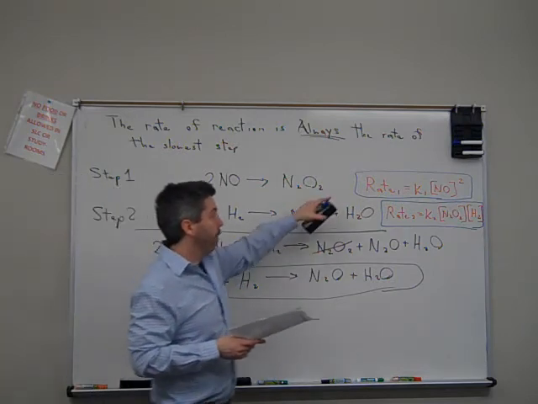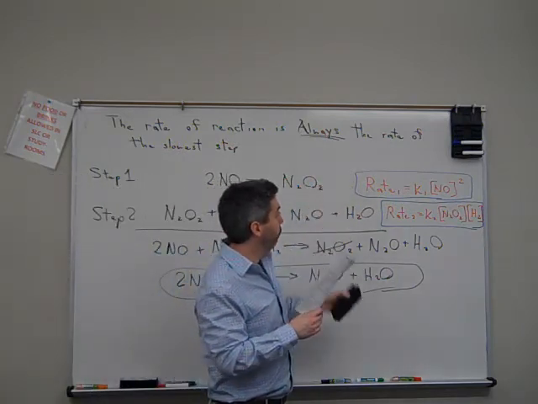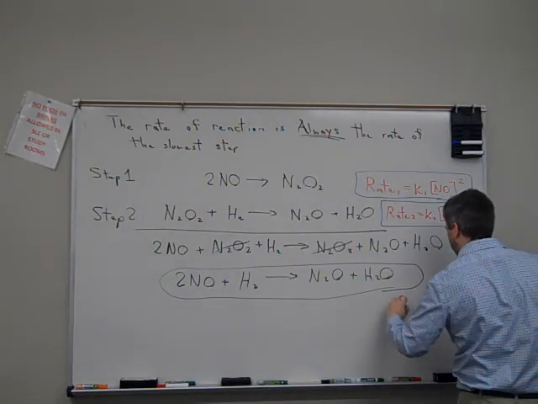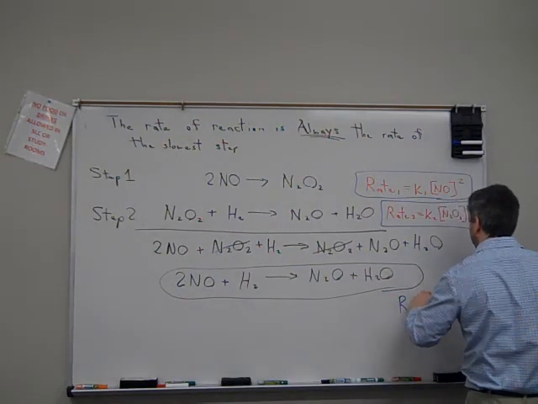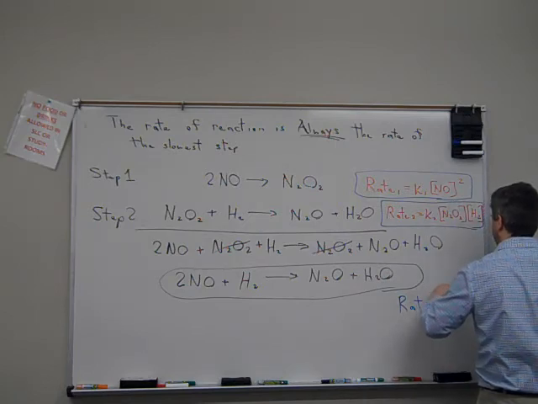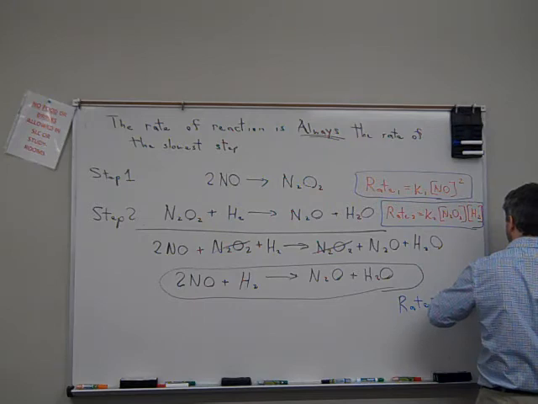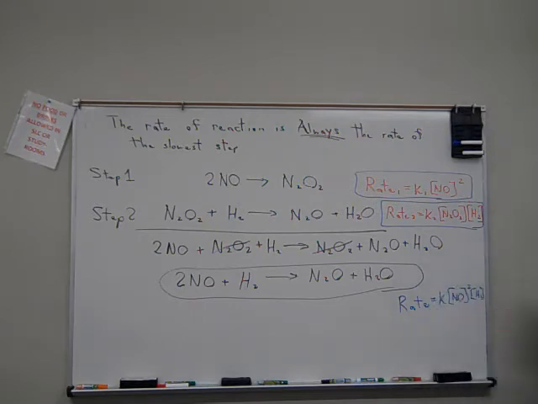Yeah. If the actual rate law is rate equals K times NO squared times H2, that means that this cannot be the slow step. If this was the slow step, this would be my rate law, but it's not.